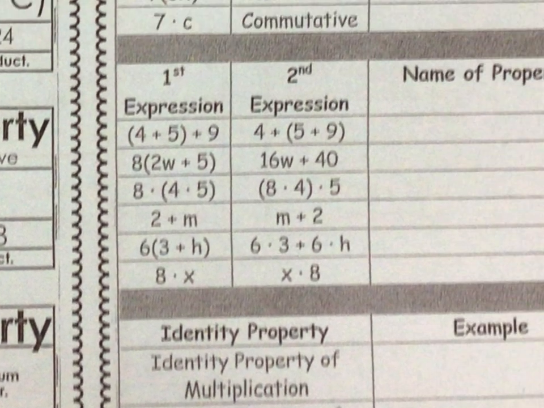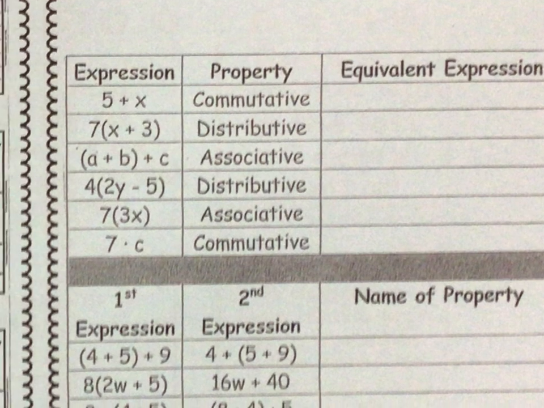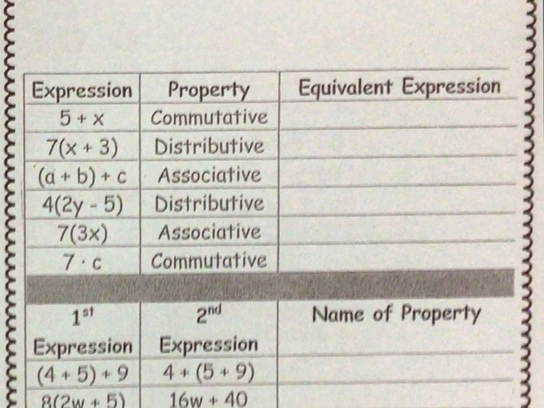So let's take a look at these notes here. It wants us to use the commutative property with this expression. And remember, commute just means move. So we're going to write an equivalent expression, which is x plus 5. Okay, on this next one, it wants us to distribute. So again, 7 times x plus 21, because 7 times 3 is 21.